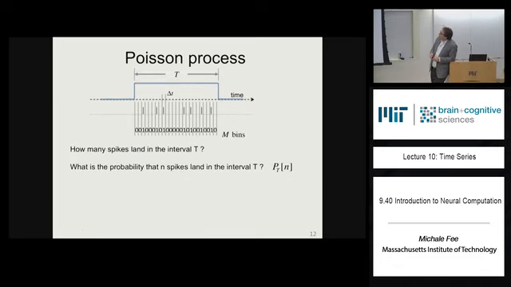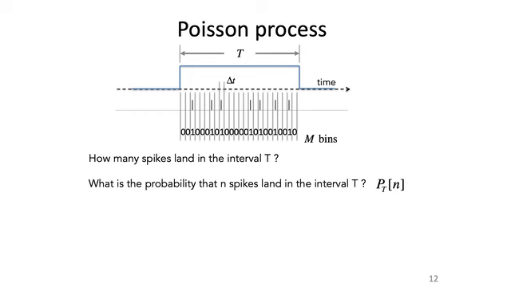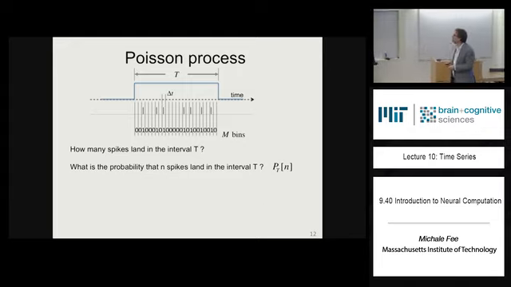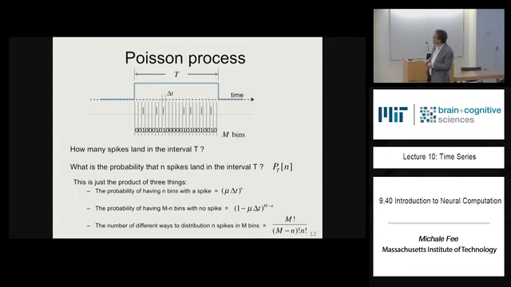And we can ask how many spikes land in this interval t. All right? And we're going to call that probability p. It's the probability that n spikes land in this interval t. And we can calculate that probability as follows.